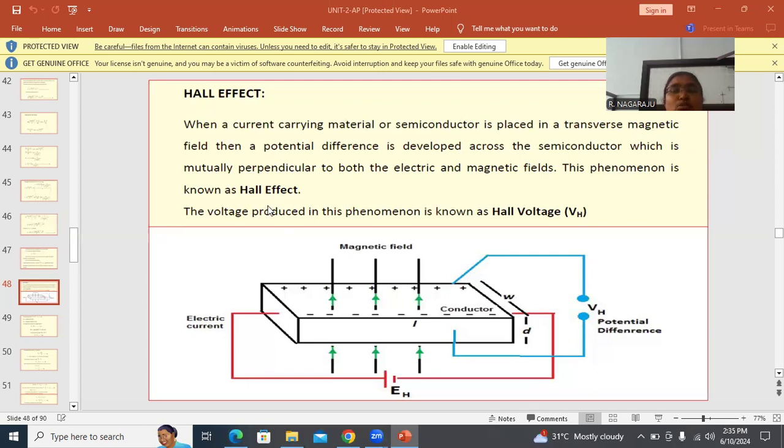This phenomenon is known as the Hall effect. And we'll be talking today about the Hall voltage also. The voltage produced in this phenomenon is known as the Hall voltage.